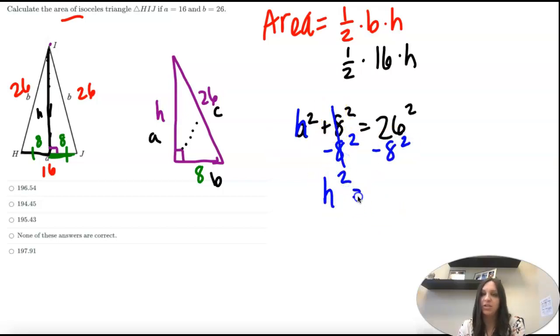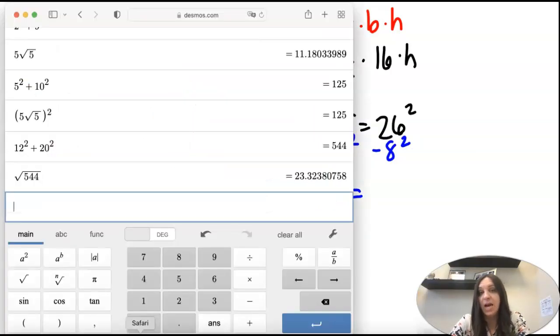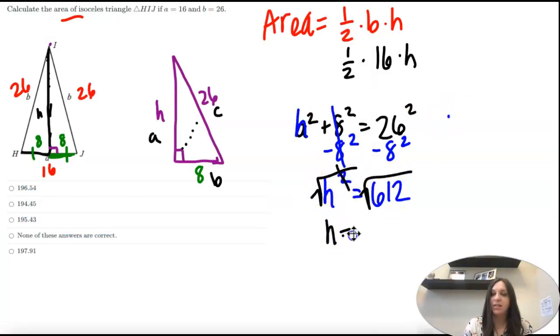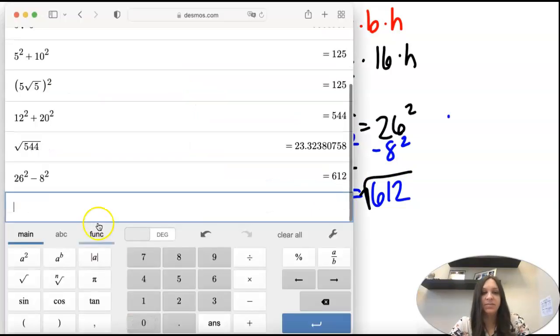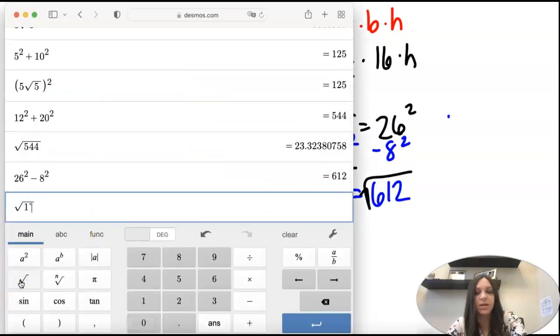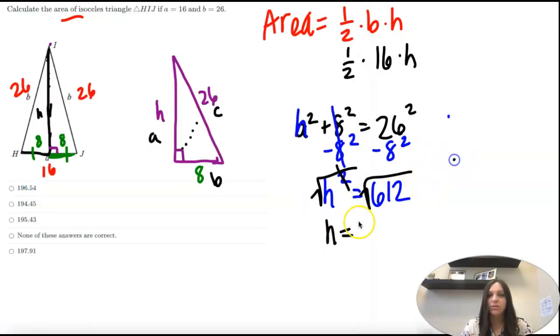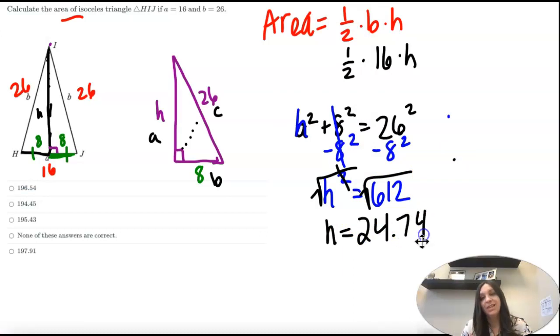That leaves me with H squared equals, now I will calculate. 26 squared minus 8 squared is 612. I don't want h squared, I want h, so I'm going to square root both sides. So h is the square root of 612, which is 24.74 rounded. And that's not our answer. That's what goes here for h, right?